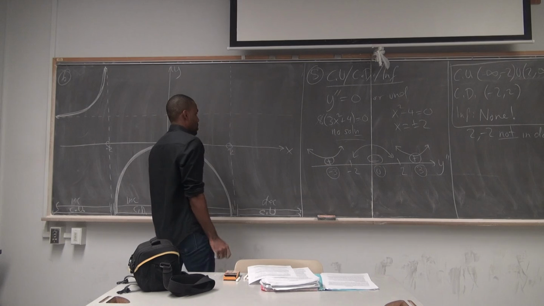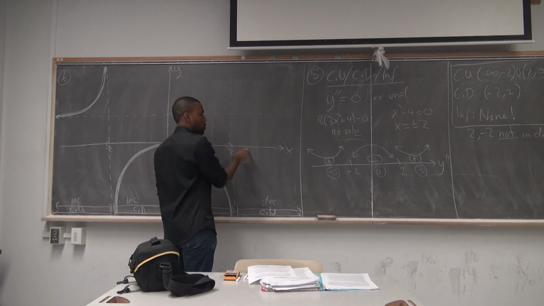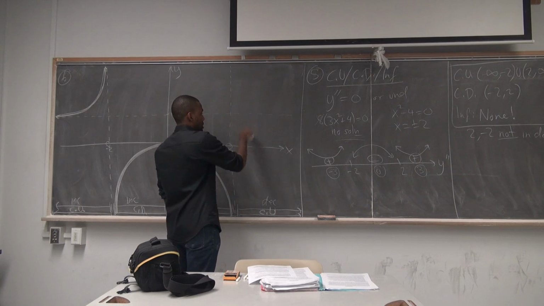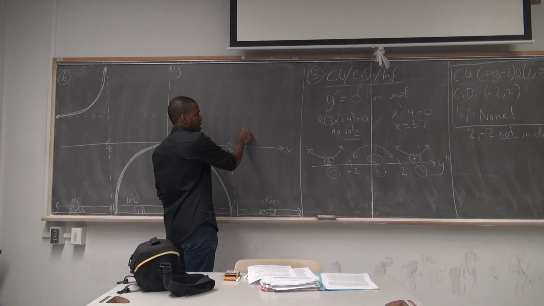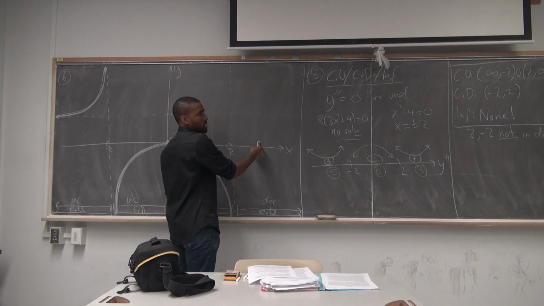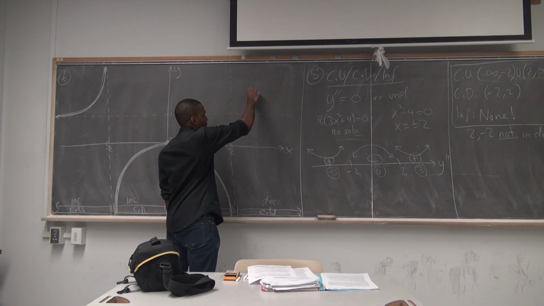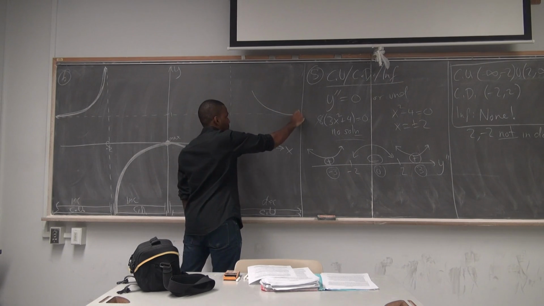So now the question is, where do I start? Could I start here? The answer is no, because that would create a point where I created this. Same reason here, I can't start here, because I'd have to come back up to level off, which would create a minimum. So by that reason, I have to start here, and I'd be decreasing, leveling off.